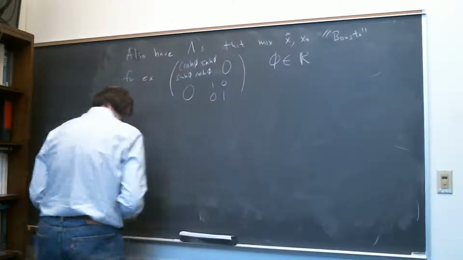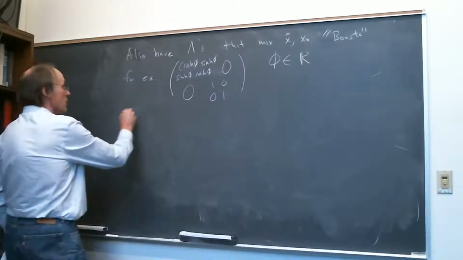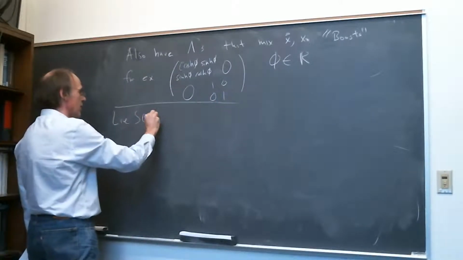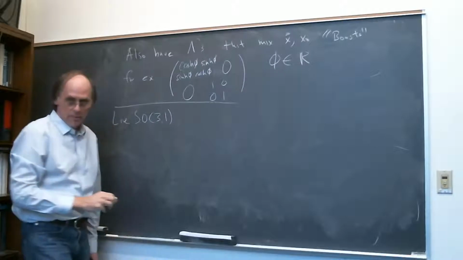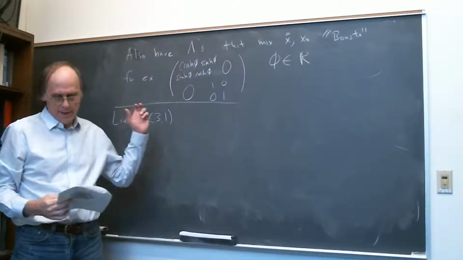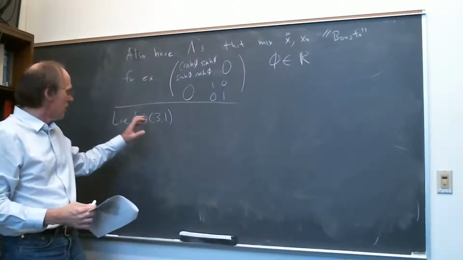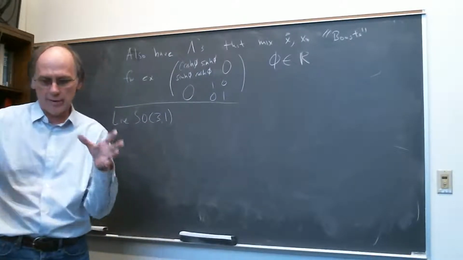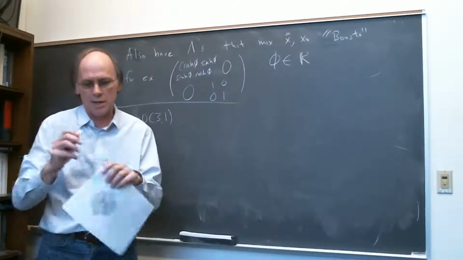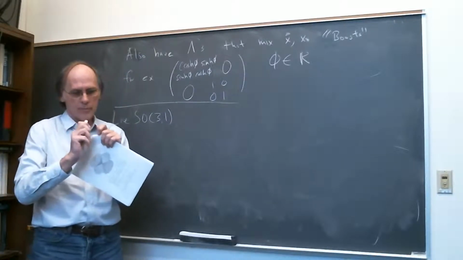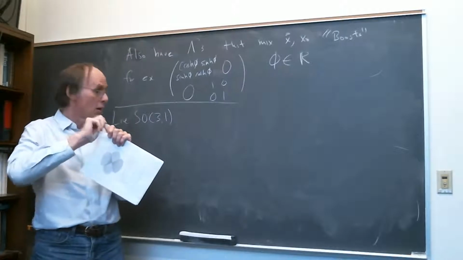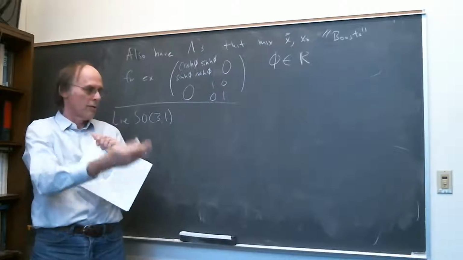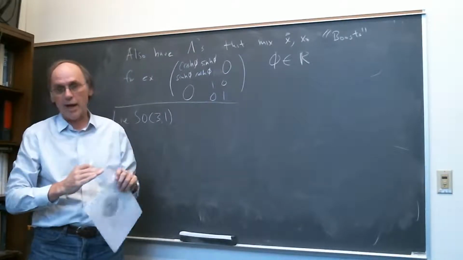Okay, well, remember, in the case of orthogonal groups in general, the Lie algebra of SO(N) is just all the antisymmetric matrices, matrices that are antisymmetric under reflection about the diagonal.